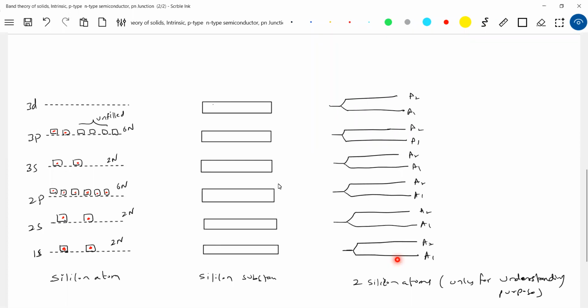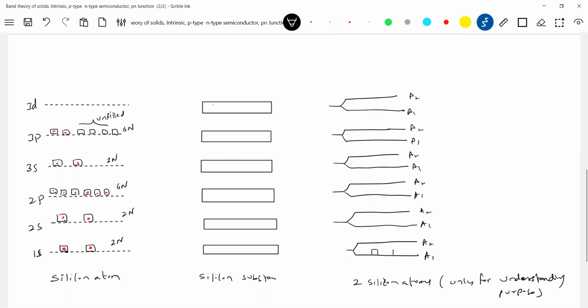What is this dotted line? The dotted line is this one. Actually for one silicon atom, the energy of one will increase, whereas the other will decrease here. So how many states are there here?